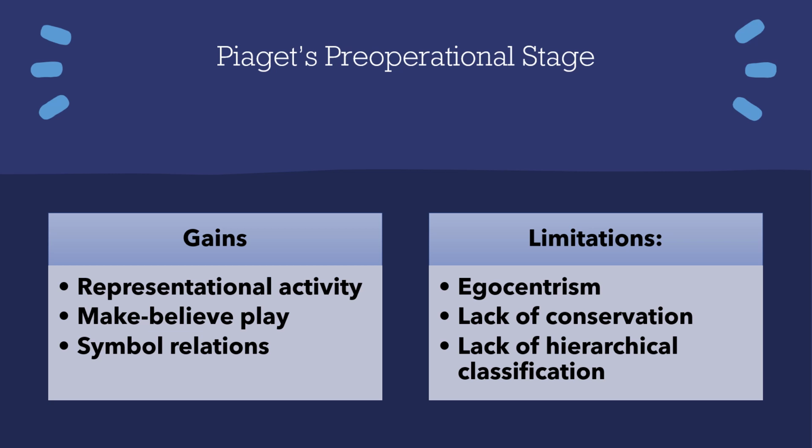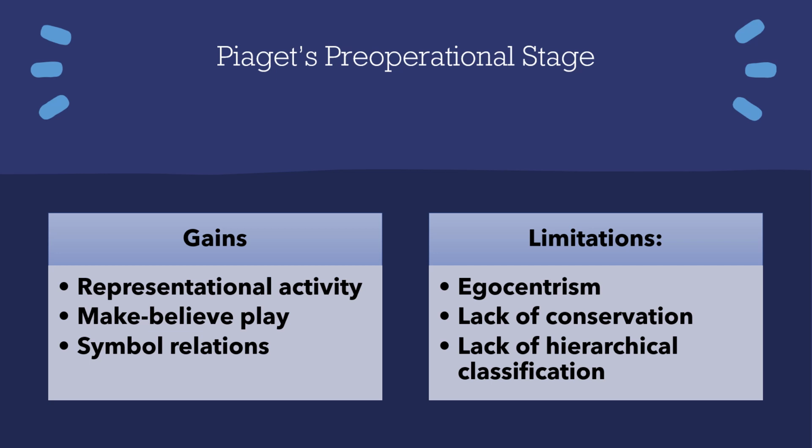So, they also tend to lack hierarchical thinking. Let's say you show them a picture where there's 5 blue flowers and 10 red flowers, and you ask them, are there more red flowers or are there more flowers? So you have red and blue as one level, and then flowers is the next level of the hierarchy.